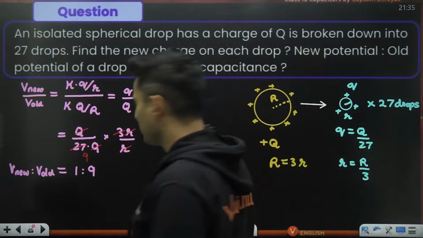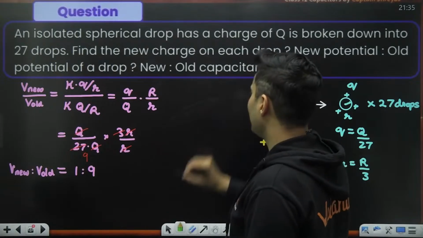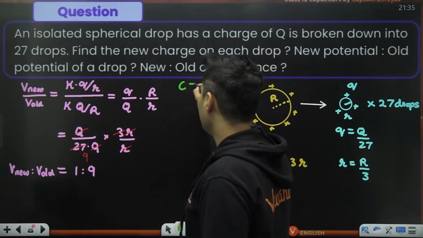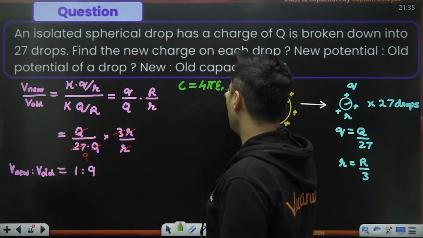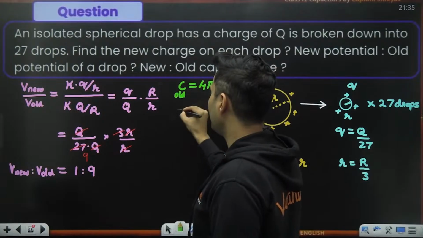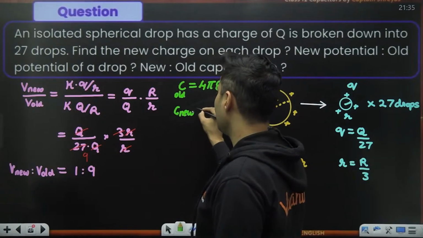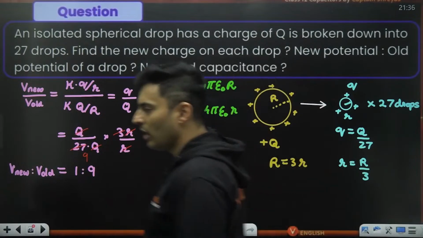Everybody with me on this? Last part of this particular problem, where we have to find the capacitance. Capacitance of an isolated sphere is 4 pi epsilon naught R. So this was our old capacitance. The new capacitance is 4 pi epsilon naught small r.